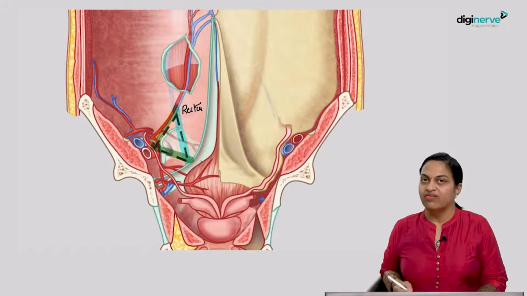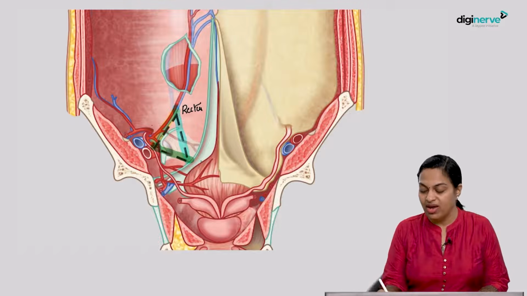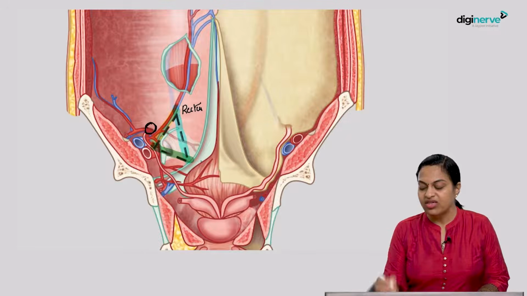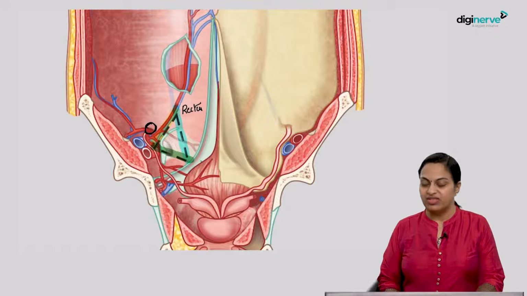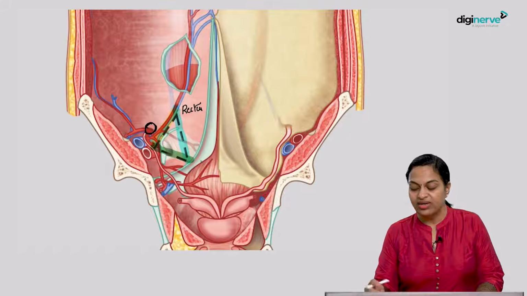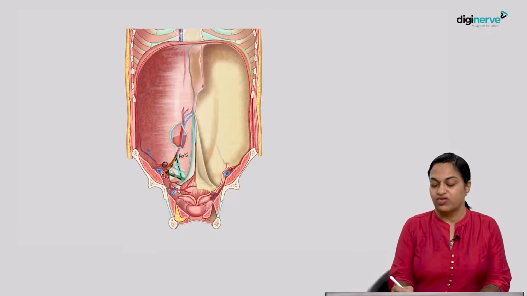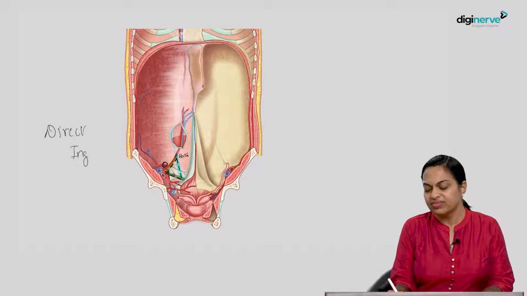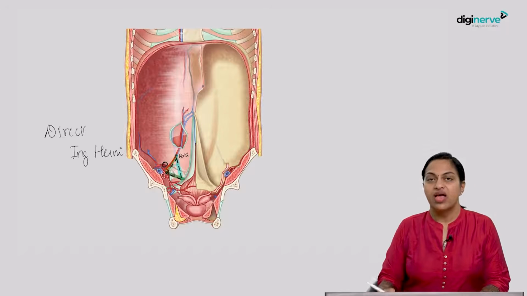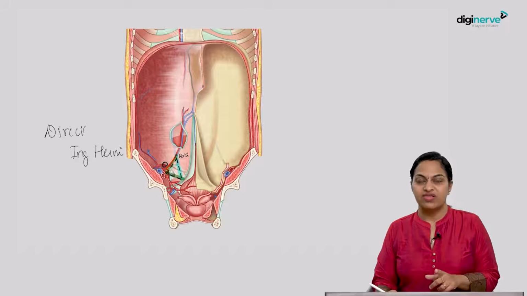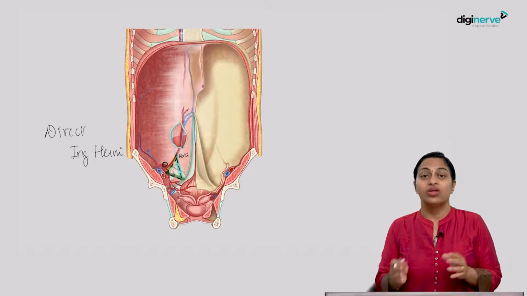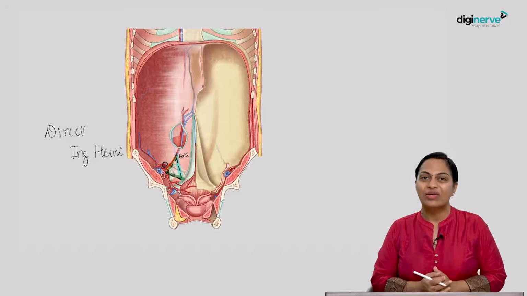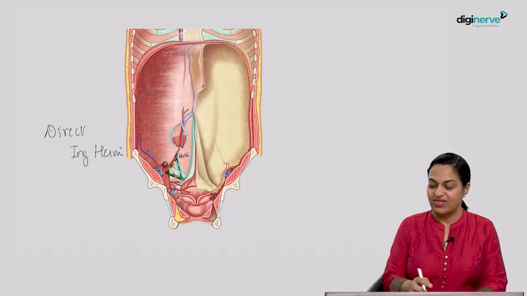Please remember, where is our deep inguinal ring? It is going to be located just lateral to these inferior epigastric vessels, and the hernia that comes out through Hesselbach's triangle is going to be the direct inguinal hernia. And yes, the hernial sac lies medial to the inferior epigastric vessels.